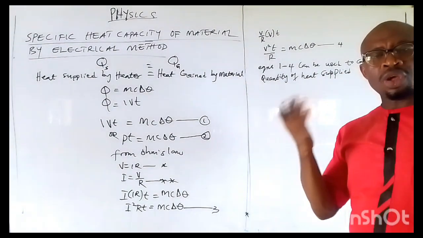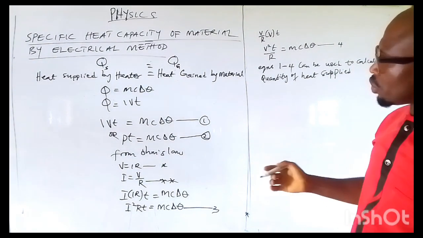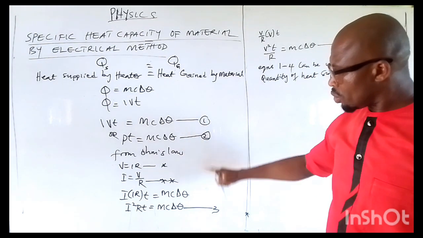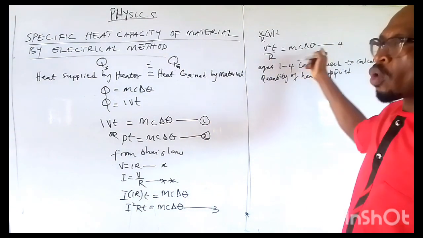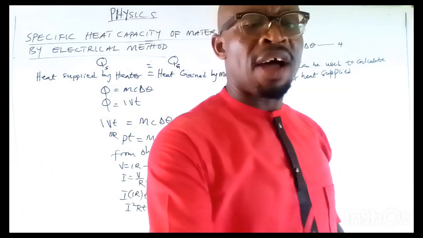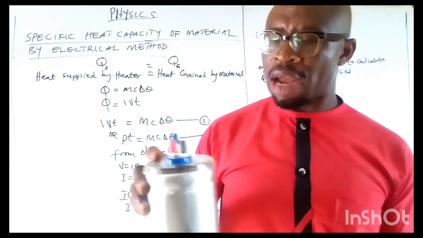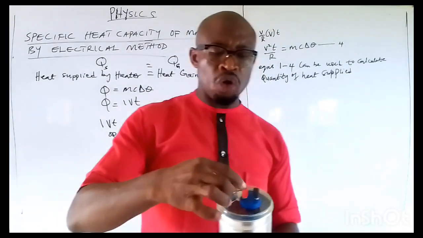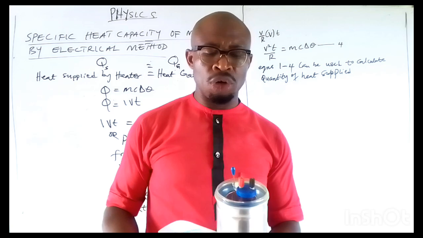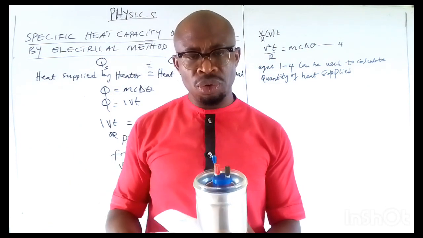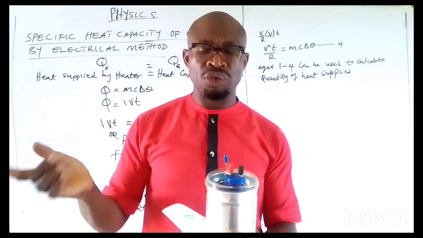Now let us take one or two calculations involving equations 1, 2, 3 and 4. If we have a calorimeter, it has two knobs from which we can connect it to an electrical supply.